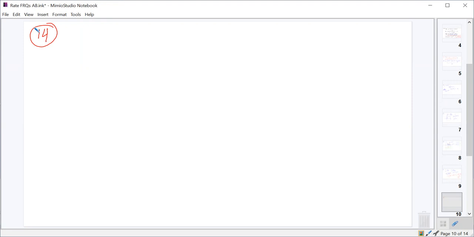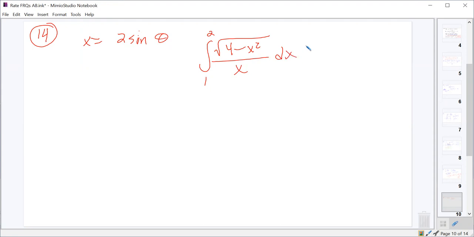All right, 14 says if we let x equal 2 sine theta, then the integral from 1 to 2 of the square root of 4 minus x squared over x dx is equivalent to... And so basically they just want you to rewrite this by making this substitution where x is equal to 2 sine theta. So first we need to figure out what dx can be replaced with. dx will be replaced with 2 cosine theta d theta.